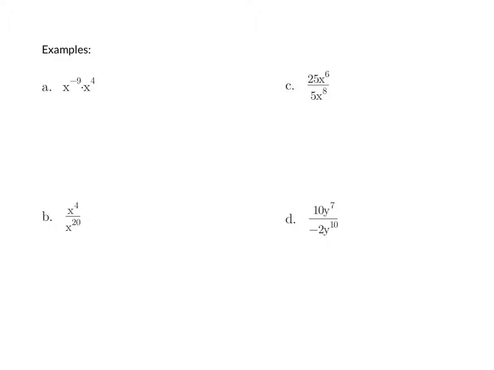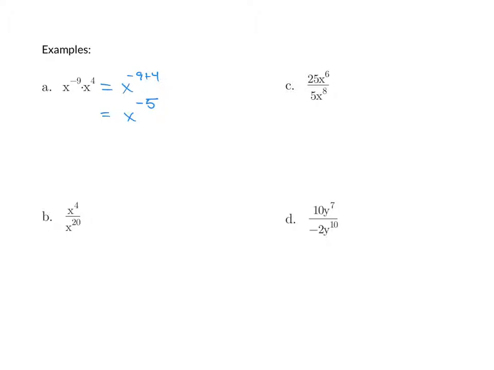The answer is we add our exponents. Even though we have negative numbers here, we still have our same basic rules. So, to complete this problem, I want to add my exponents. What is negative 9 plus 4? Well, that's equal to x to the negative 5.